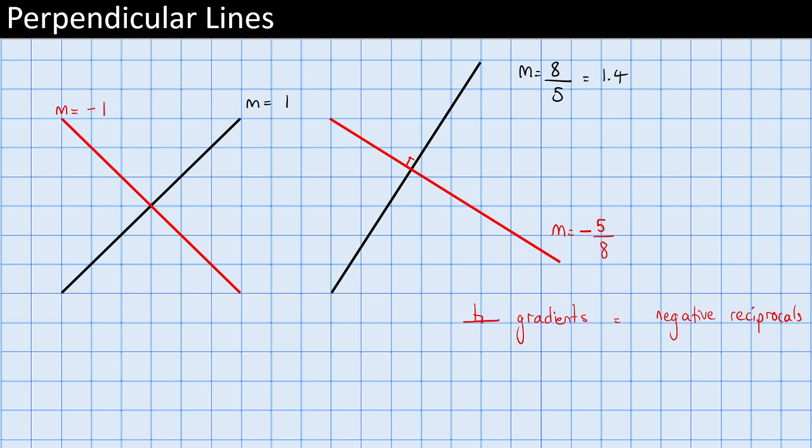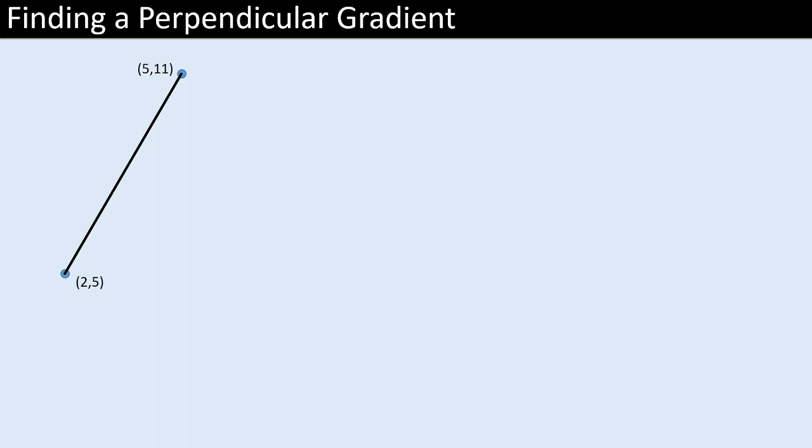So where does that take us now? Taking a very similar example to last time, we could have a line connecting 2 points, and we might want to find the gradient that is perpendicular to it.